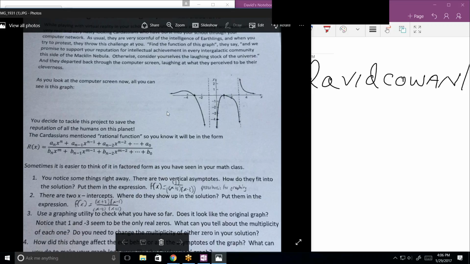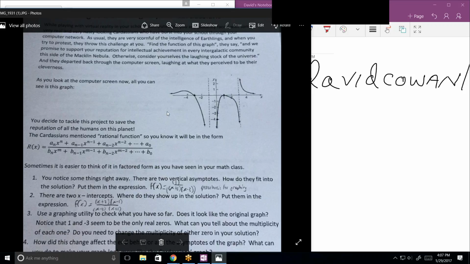We also have a horizontal asymptote where? Y equals 0, remember? Horizontal lines are always y equals something, vertical lines are always x equals something.